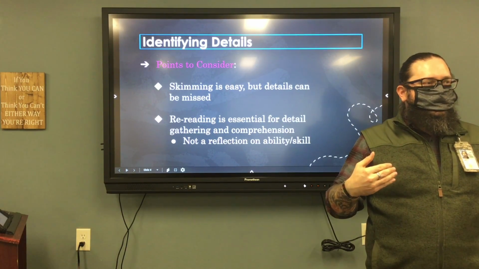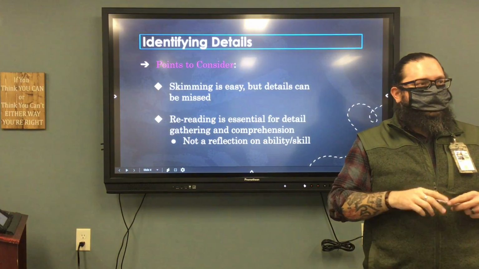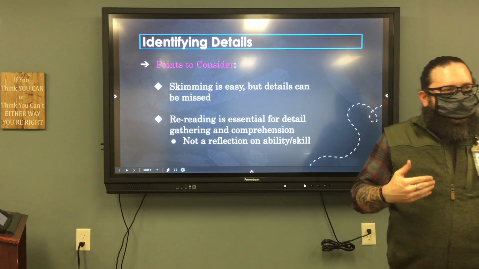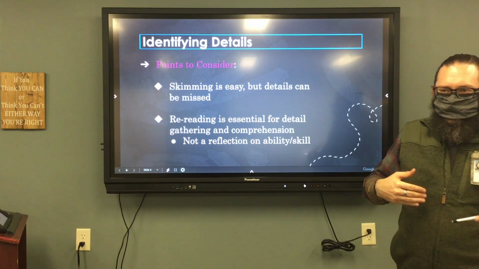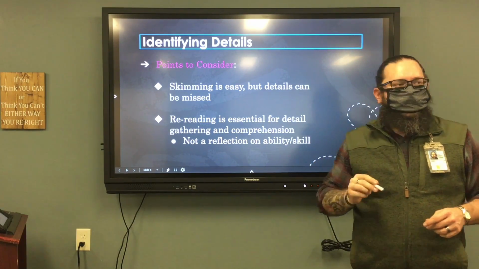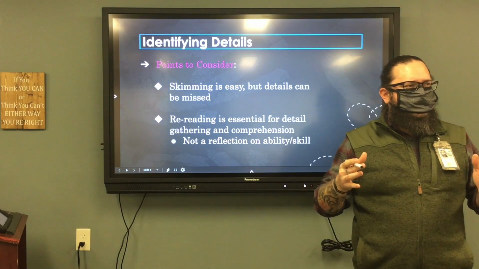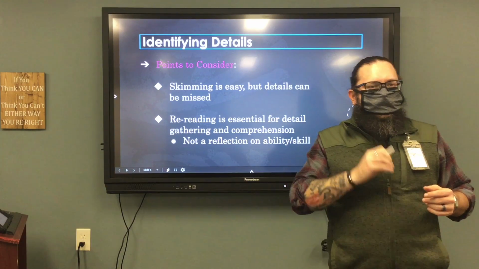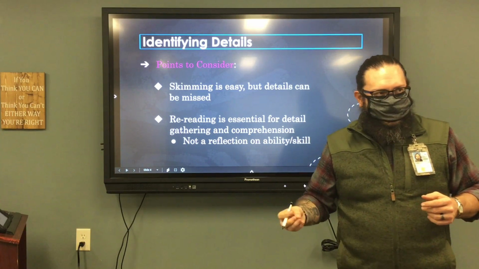How many times did you just quickly go through the text and look for it? I did that. So obviously when we are skimming through a text, we're just quickly reading through it because we're not actually reading the text, we're just looking for particular details.